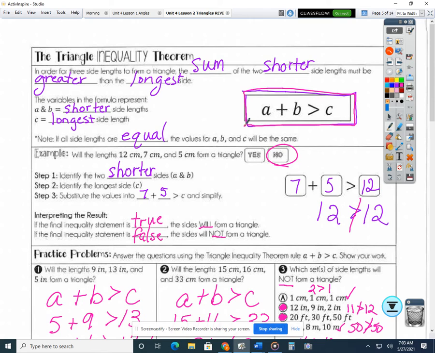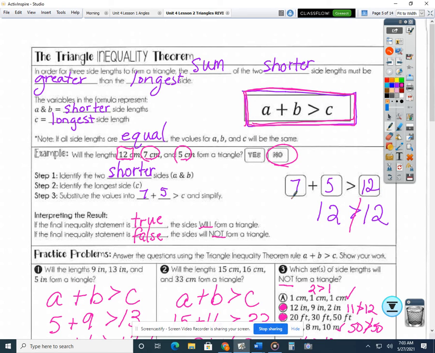All right. Our example here, they ask, will the lengths of 12 centimeters, 7 centimeters, and 5 centimeters form a triangle? First step is to identify our shorter sides. That would be 7 and 5. Second, we identify our longest side. That is our 12. That's going to be our C. And then we plug these into our formula that we have here at the top.